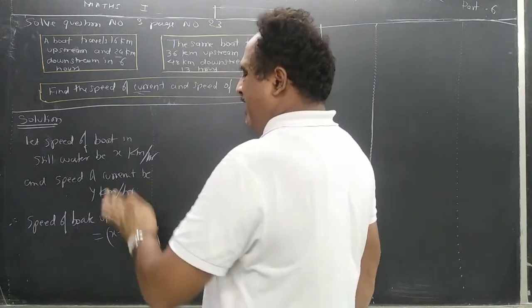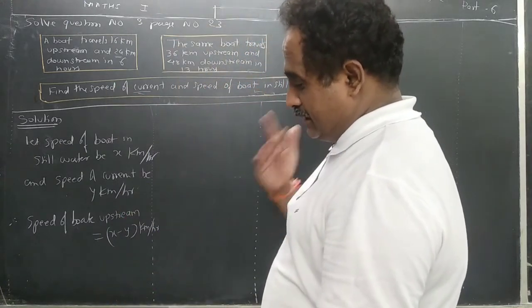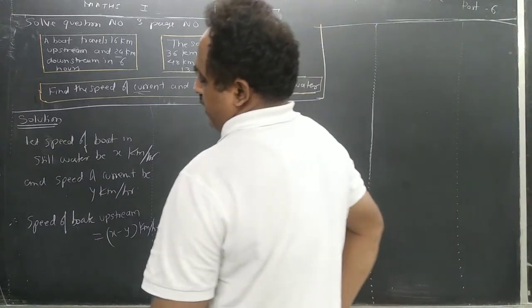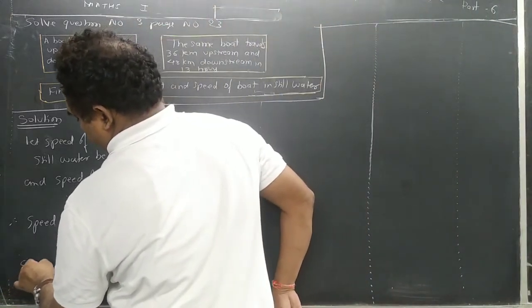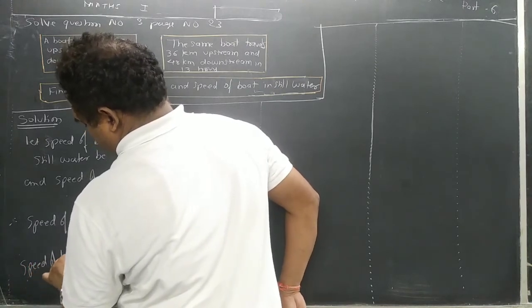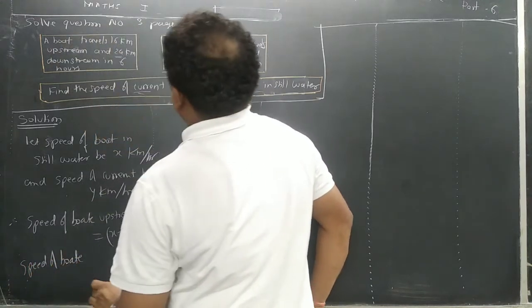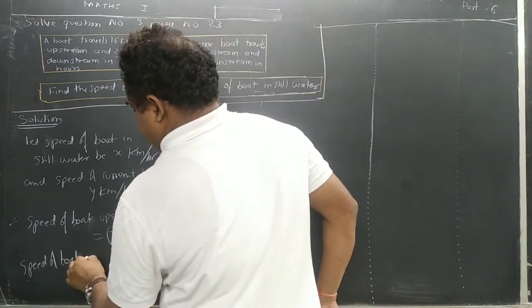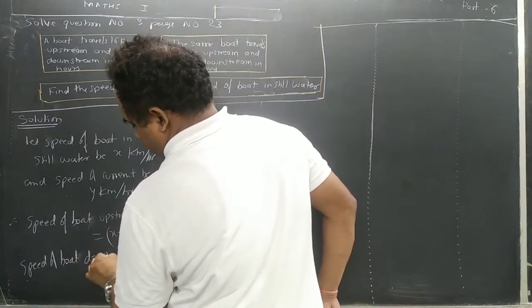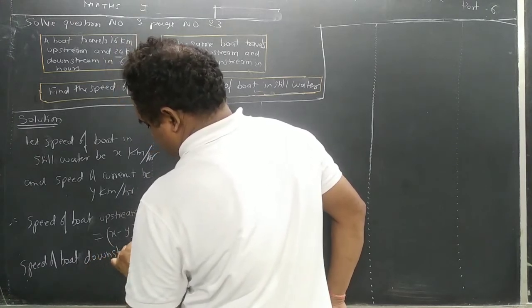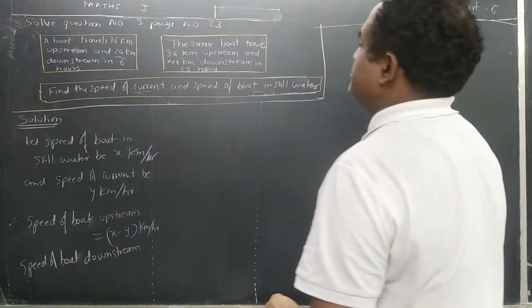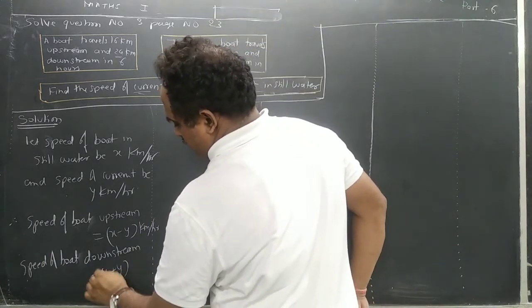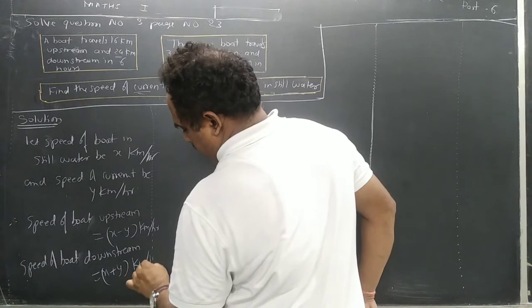It is going up against the current, so the speed will be x minus y kilometer per hour, and the speed of the boat downstream is equal to x plus y kilometer per hour.